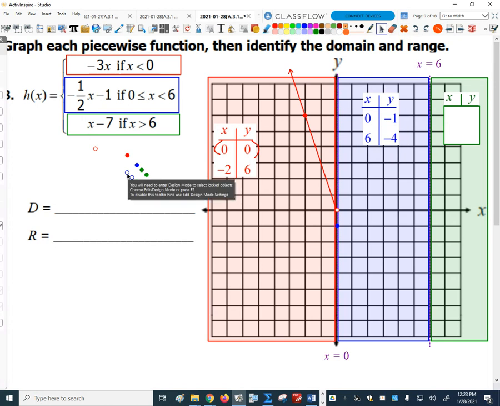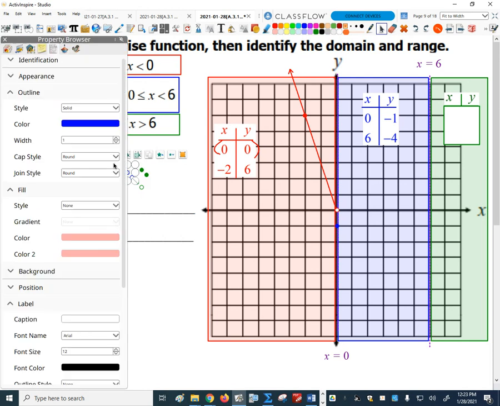So now we want to plug in an open endpoint, correct? Because I'm not including the 6. So let me do this.